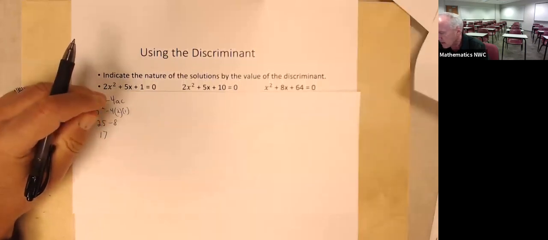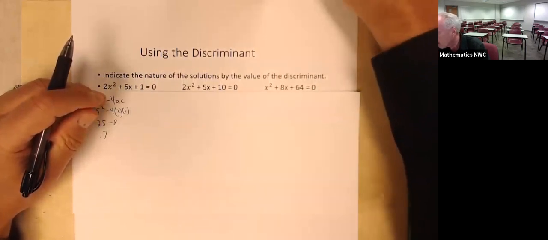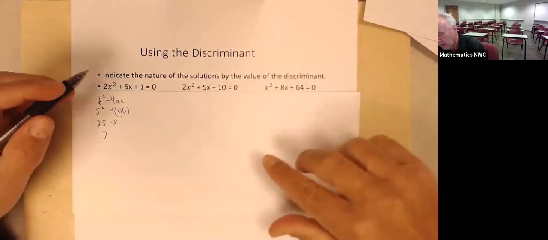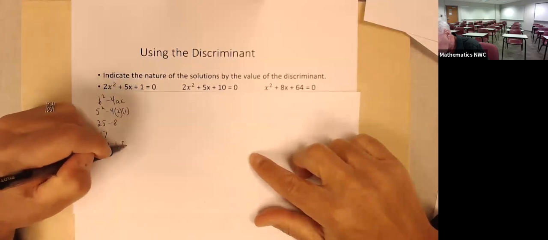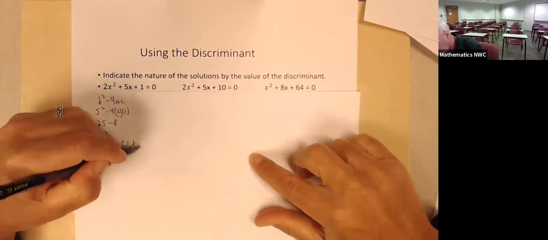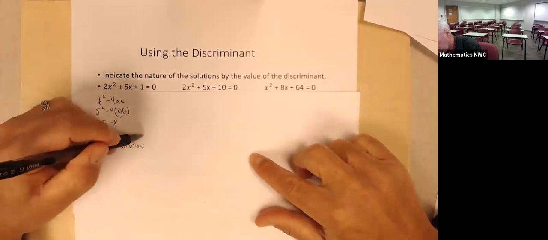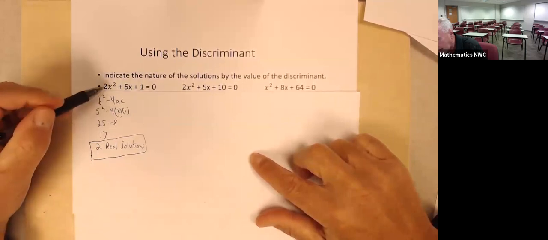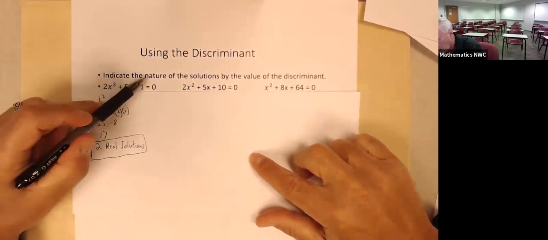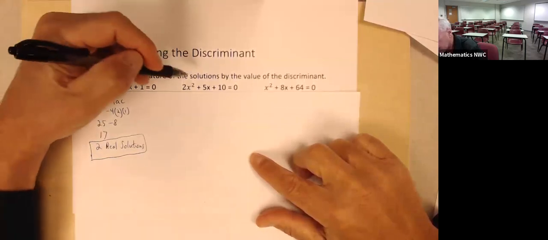17 is a positive discriminant. If it's a positive discriminant, that means that I have 2 real solutions. So to answer this question, the directions, this is my answer. I don't need to actually get the exact answer using the whole formula. They just wanted the nature. So this describes the nature of it.